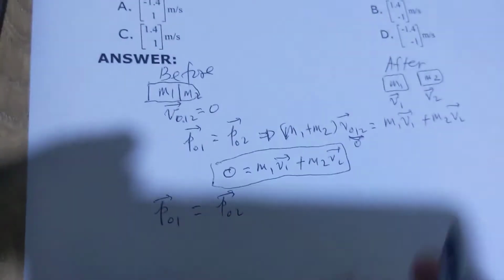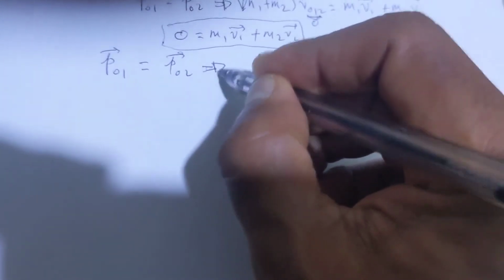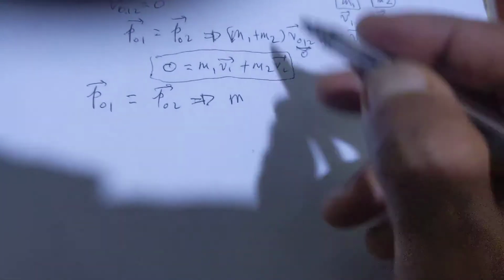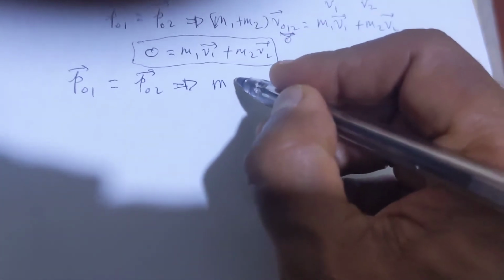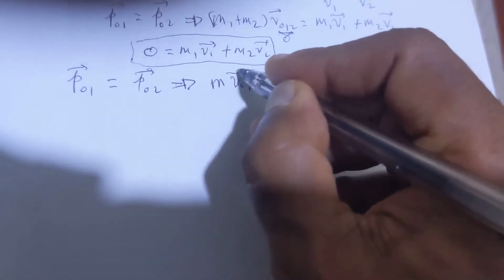Thus initially this is the mass of the explosion, M times V0. This equals, it splits in three parts.